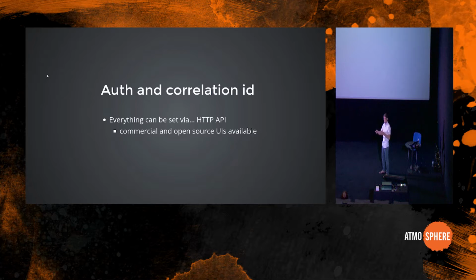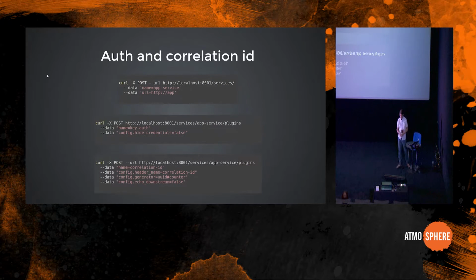You can write your own plugin, and you just enable it on the Kong server, and it works. And you do everything via the API. There is a commercial UI and there are some open source UIs, but I did not use them, so I don't know.